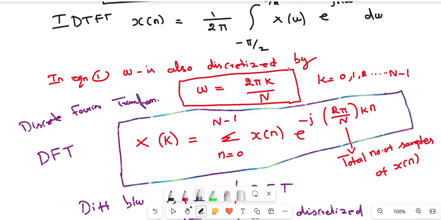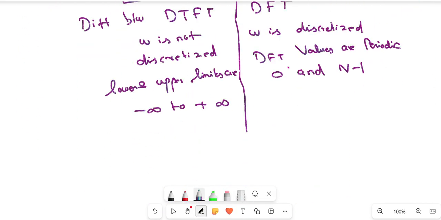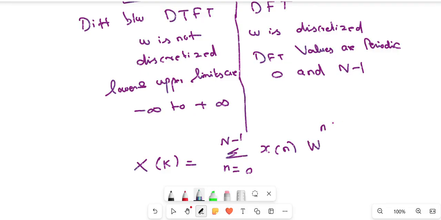So you can now write x of k is equal to the summation of n equal to 0 to n minus 1 x of n into e power minus j 2 pi by n into k, that is w, n k.